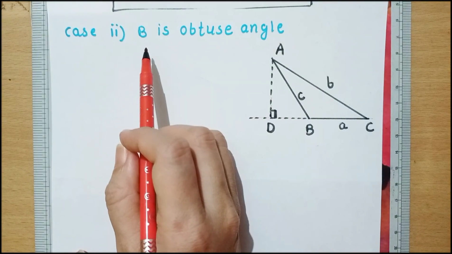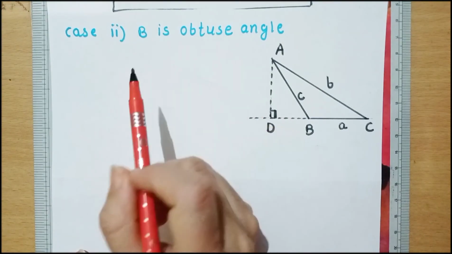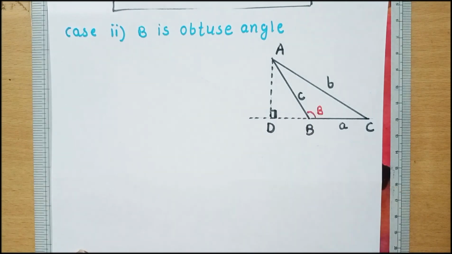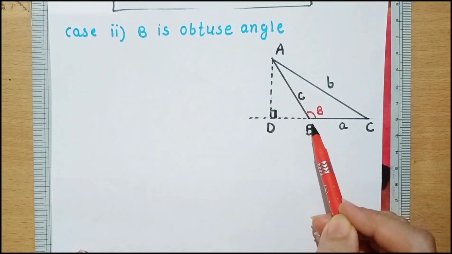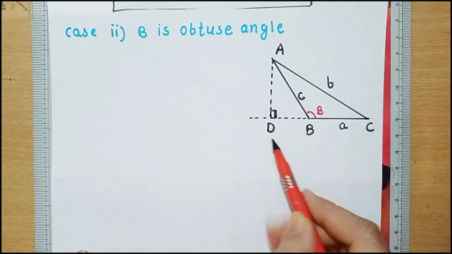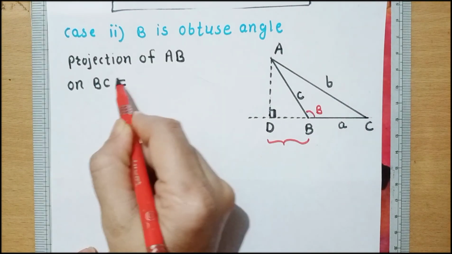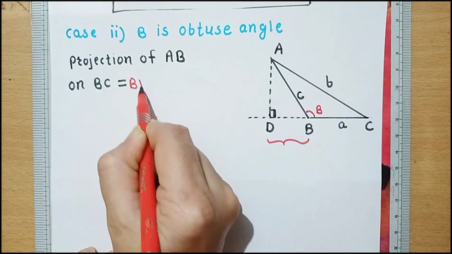Now consider the second case. B is an obtuse angle. Now check here, this angle is B and the projection of AB along this BC is this D, or you can say DB. So here we will write BD.